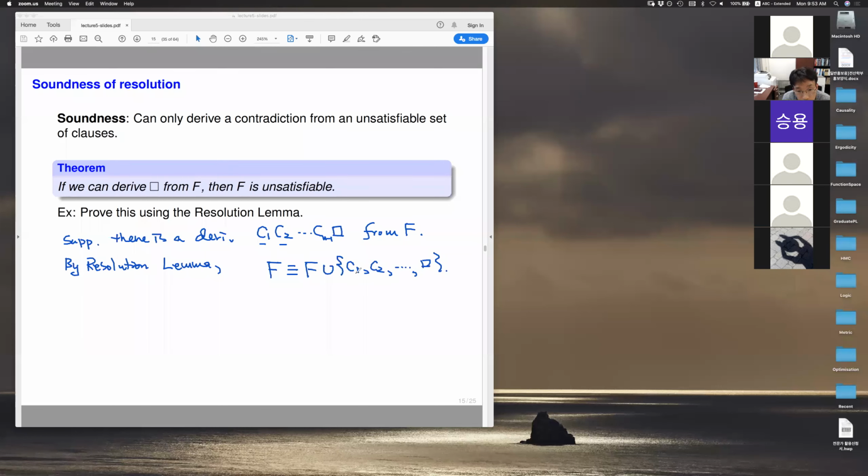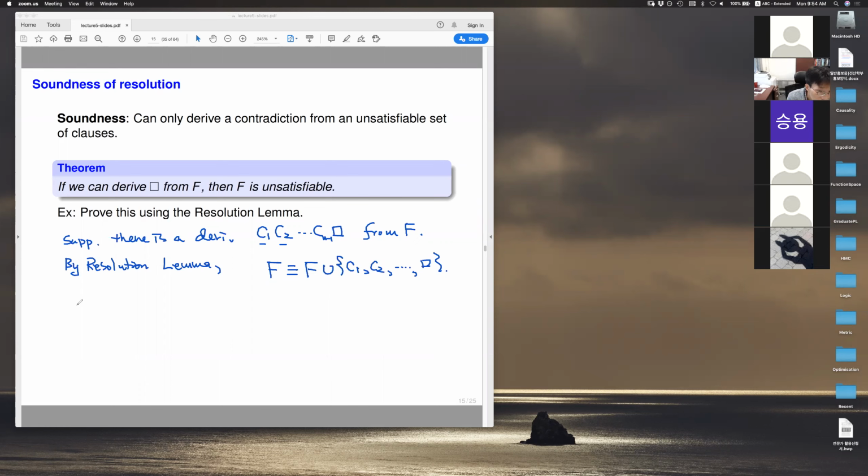That's because if Ci is already in F, this doesn't change anything. If Ci is obtained from the resolution, then by the resolution lemma the semantic equivalence is going to be maintained. So we can show this equivalence is true. Any proof step preserves the semantic equivalence. That's why we have this semantic equivalence.